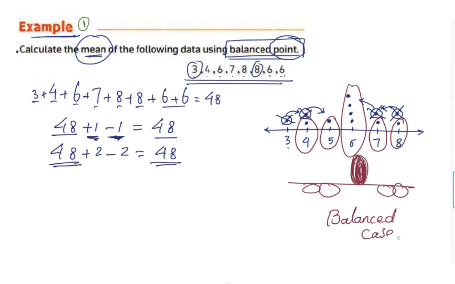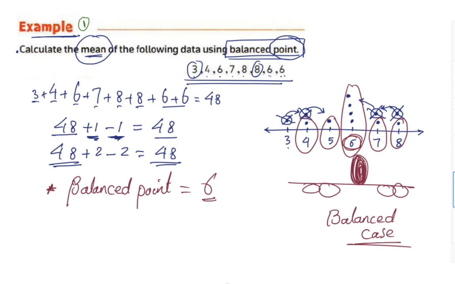Balanced case. Okay? Now, from this shape, I can say that the balance point is 6. Now we figure that the balance point equals 6.